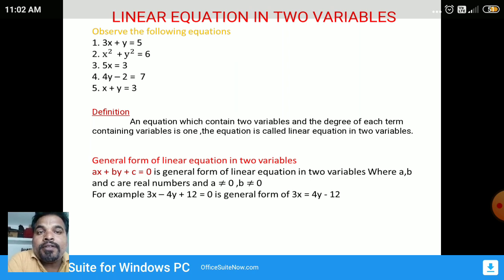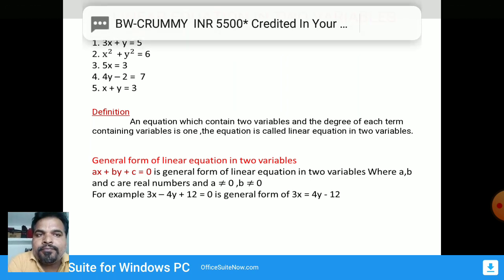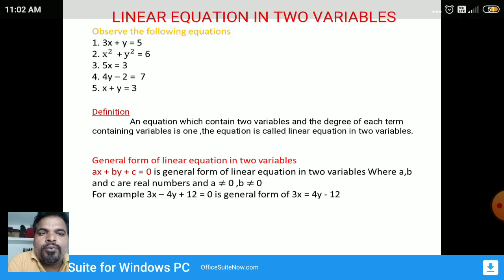Now the definition of linear equation in two variables: an equation which contains two variables and the degree of each term containing a variable is 1 is called a linear equation in two variables. It means that equation number 1 and equation number 5 are linear equations in two variables.